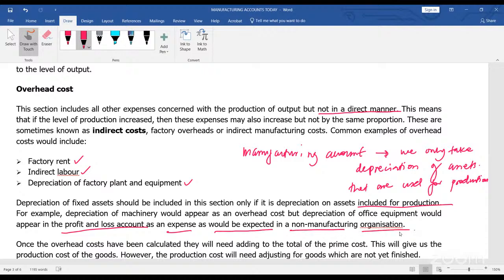So when it comes to depreciation, always find out, is this depreciation for an asset that is used in the production or that is used in the factory? If it is used in the factory, then the depreciation will appear in the manufacturing account. If it's not factory, then the depreciation will appear in the profit and loss account.